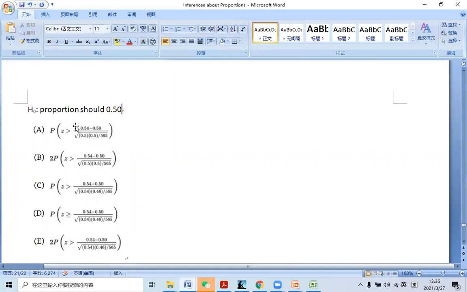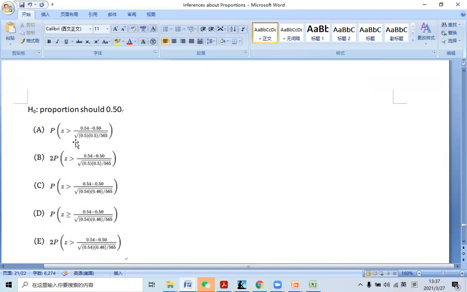So here you want the z-score. The z-score is a difference between 54% and 50%. 50% is specified by the null hypothesis. You want to see how far away the 54% is from 50%. In all the options, you have this difference on top of the z-score, so it doesn't make any difference.